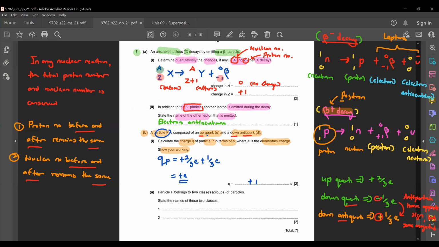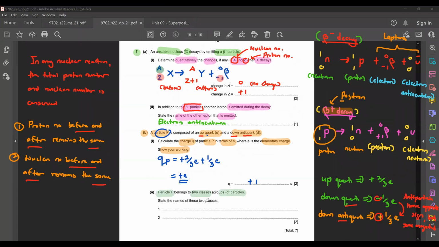Okay, now for the last question here, they mentioned that particle P belongs to two classes or groups of particles. State the names of these two classes. Now, the most obvious group of particles that it belongs to would be hadron.